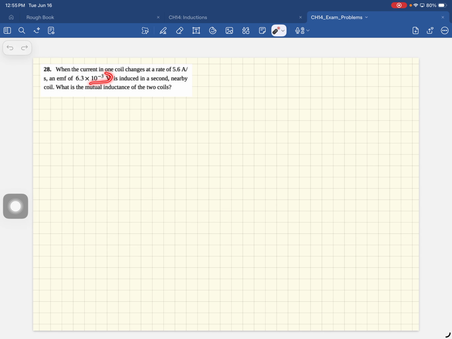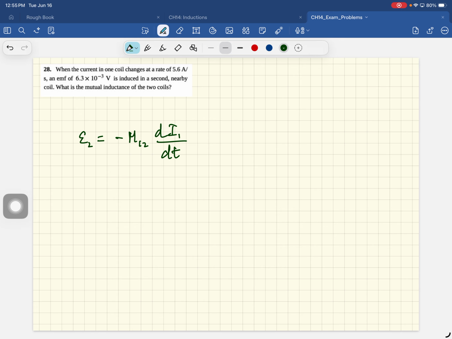So E2 is minus mu naught N1 I1 A2 times d by dt of I1, since the only thing that is changing, of course, is the current in coil 1.